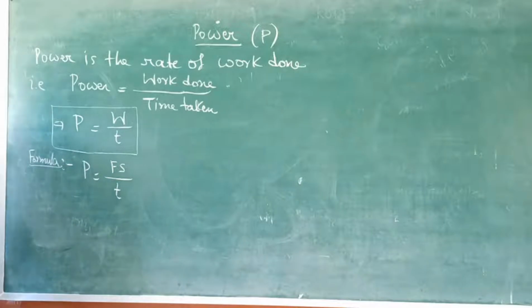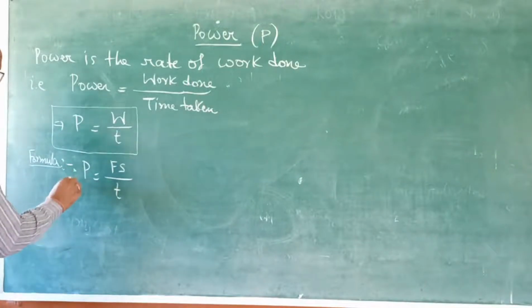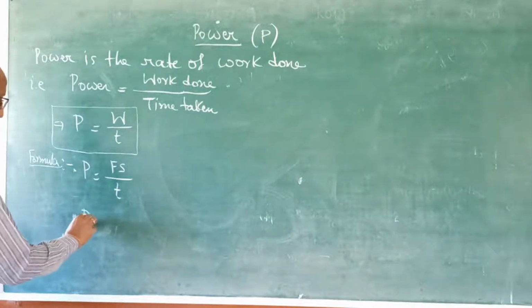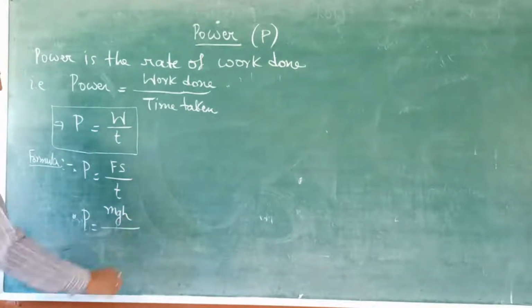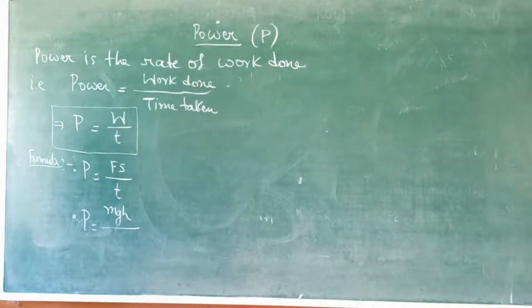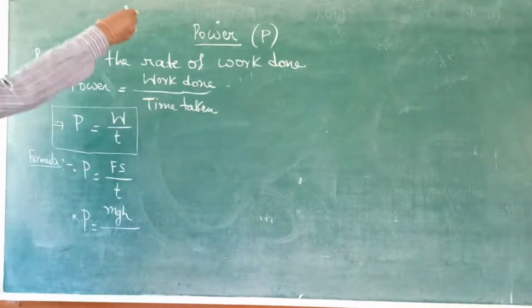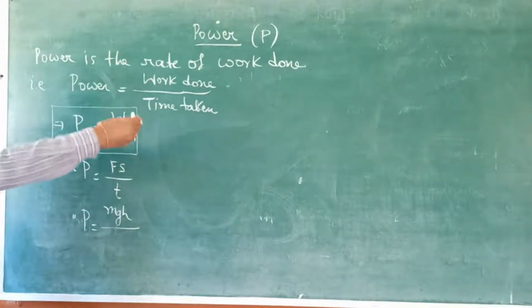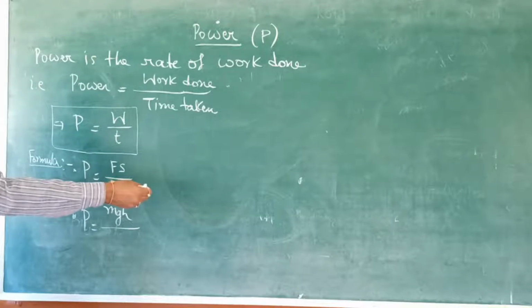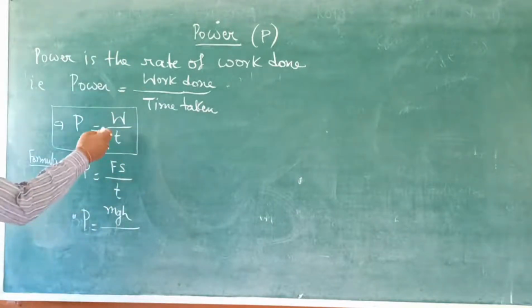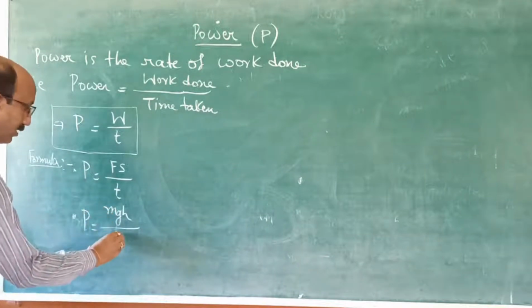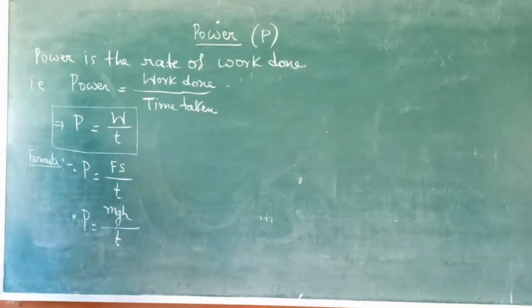So you may use this formula, power equals Fs by T. Also, work done is mgh. When we move a body vertically upward or downward, we are doing work against gravity. So work done to lift a body above a height h is mgh. In such cases we use the formula mgh by T.